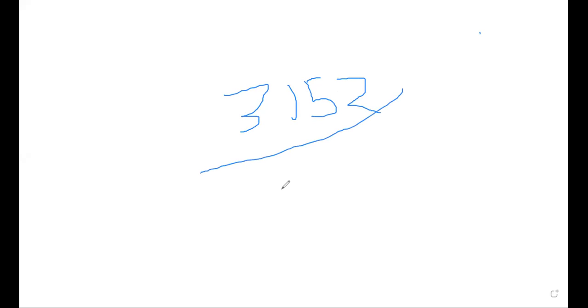Now, if you divide it accordingly, 3,152 divided by 189, you'll find out that 189 divided by 189 is 1.